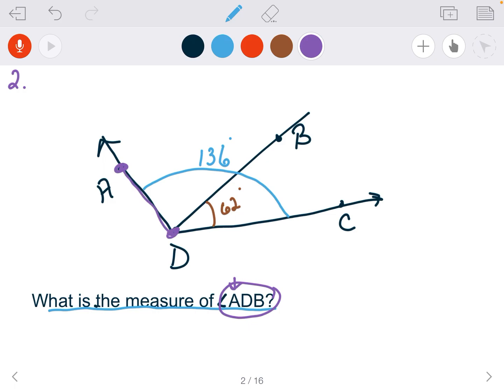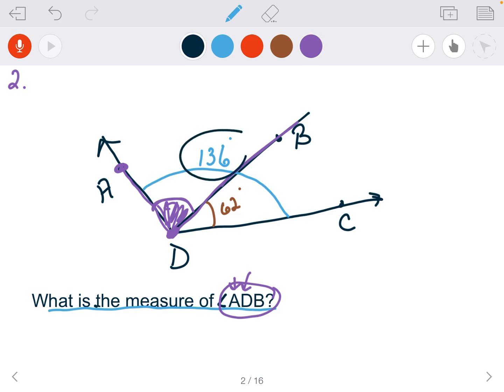You trace it down to the second letter, which is your D. D will always be the middle letter. In this case it's in the middle, but your middle letter is always the angle you're talking about. D, and then I'm going to go over to angle B. Whoops, made a mistake there. I went up to angle B. So I'm actually finding the value of this purple angle.